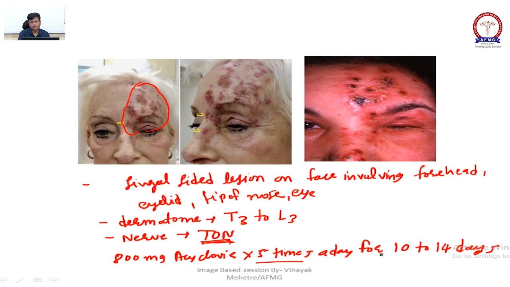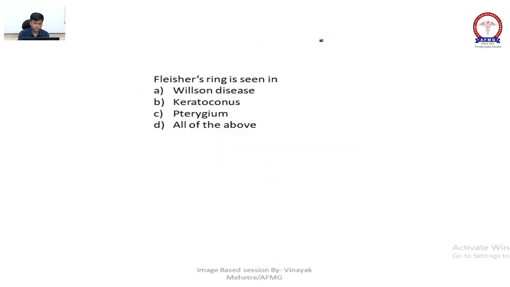Okay, and one question: most common nerve involved in herpes zoster. I am saying herpes zoster only, not herpes zoster ophthalmicus. You will get confused. Most common nerve involved in herpes zoster infection, as an infection, it is frontal nerve.